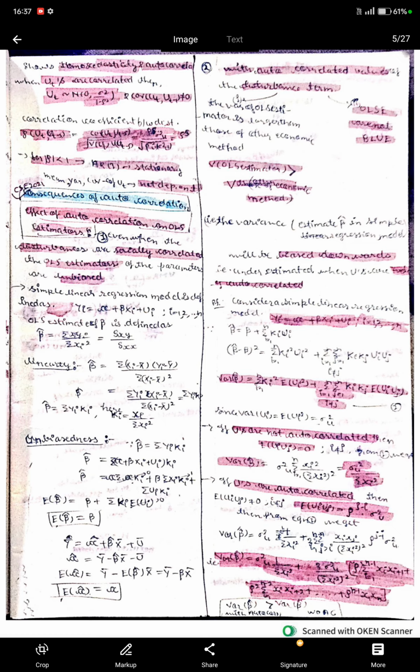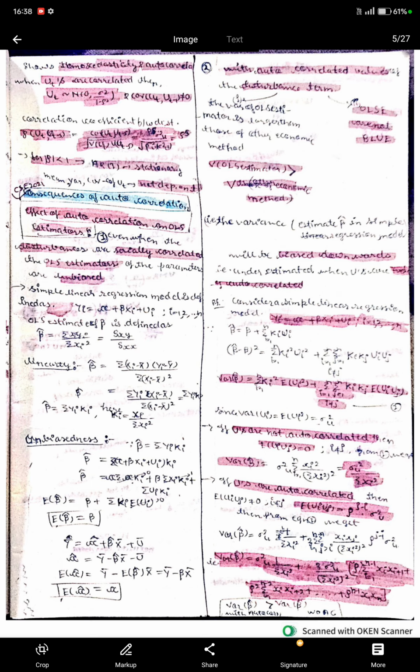If the u's are autocorrelated, then expected ui uj is not equal to 0 for i not equal to j. So expected ui uj equals rho to the power j minus i times sigma square u.